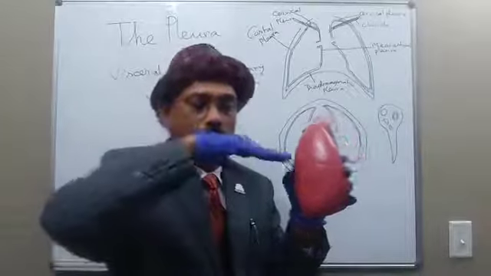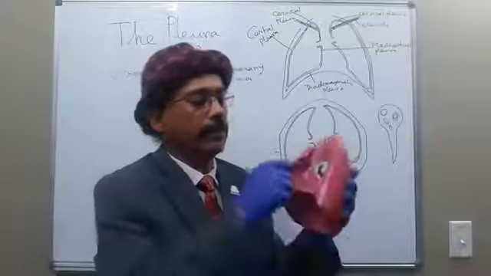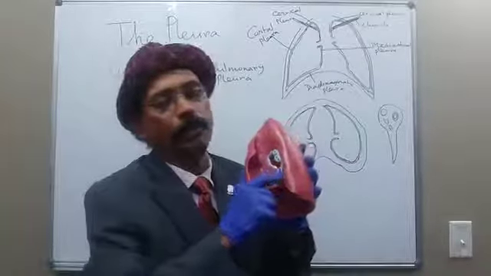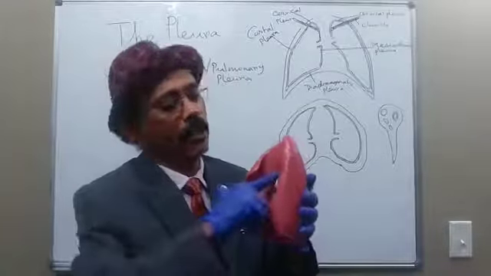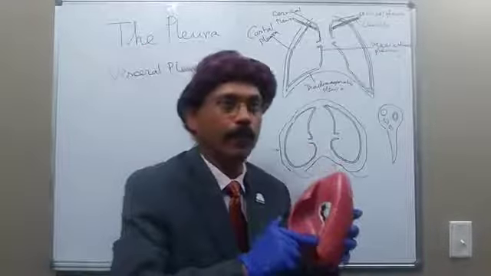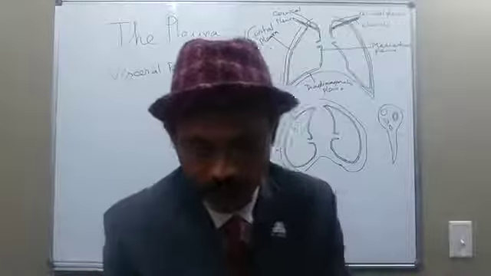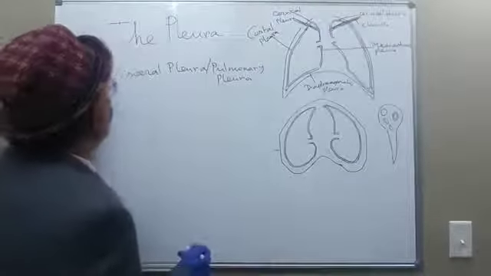It goes along the fissure. Okay, it is only absent at the hilum of the lung and along the pulmonary ligament. Okay, so we got the visceral pleura.